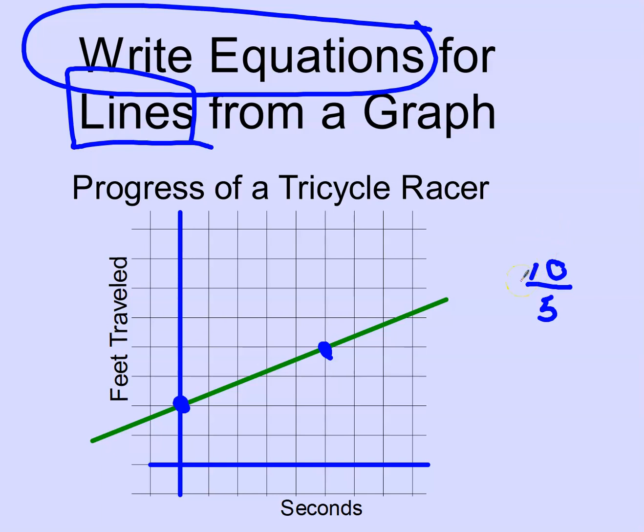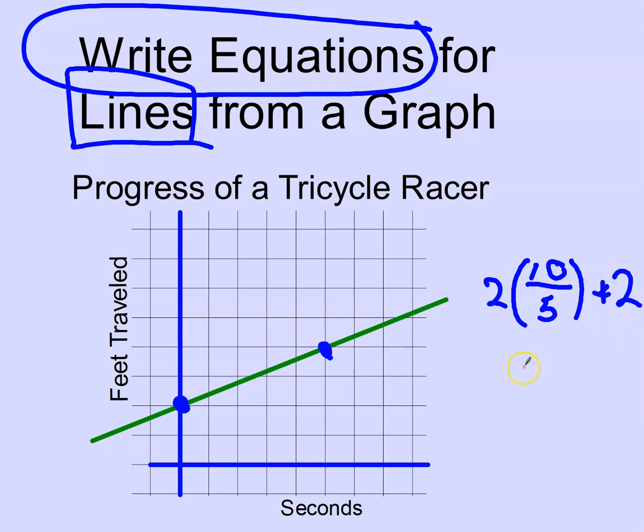If I wanted to know for 15 seconds, that would be 3 5-second intervals. So here's how many 5-second intervals I've gone, and I will have gone 2 for each one of those. And then don't forget, we'd already gone 2 at the beginning, so let's add a 2 out here.